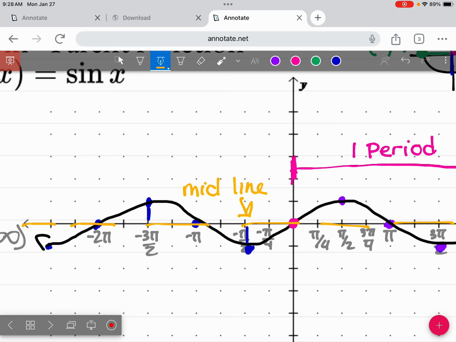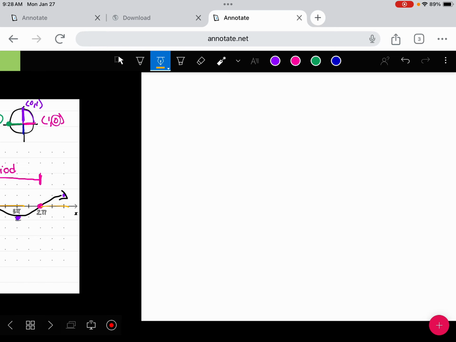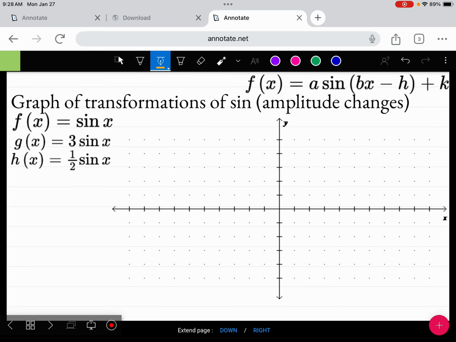So we're going to start looking at an amplitude change. That's our first graph, and I'm going to change this so we can see it. It's going to have the full transformation form up here, so I don't want you to freak out, and it's going to have 3 equations on here.